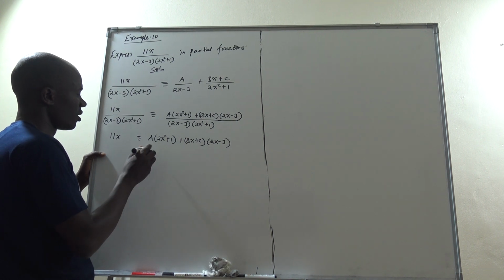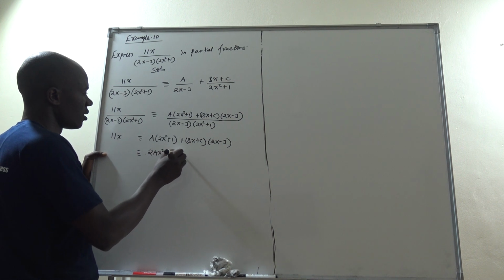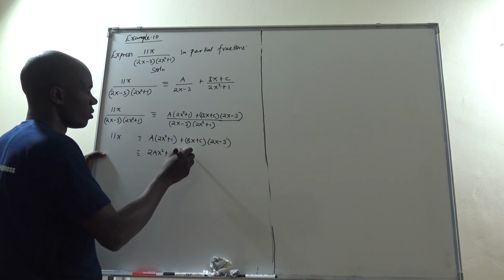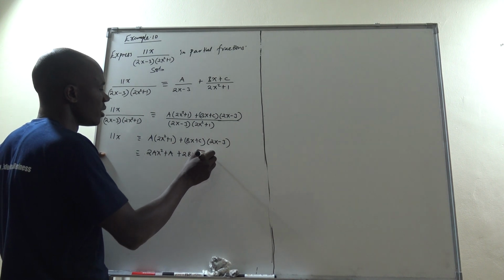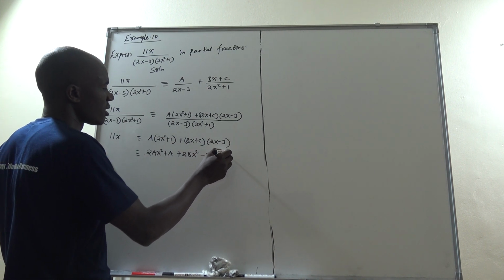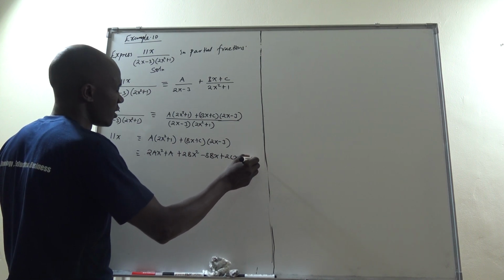We have 2Ax squared plus A plus 2Bx squared minus 3Bx plus 2Cx minus 3C.